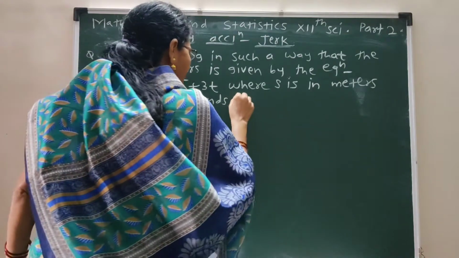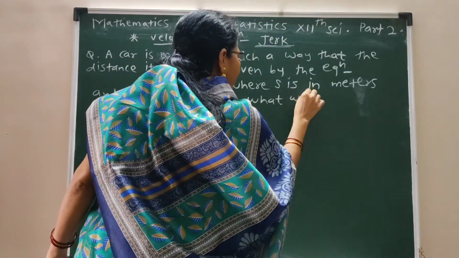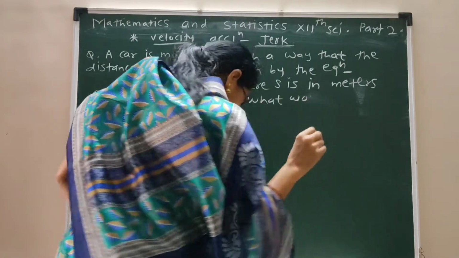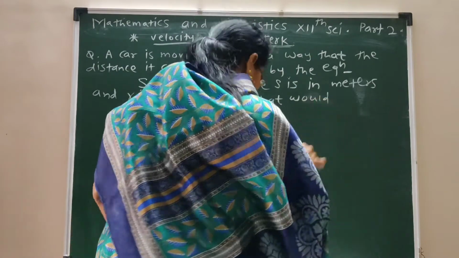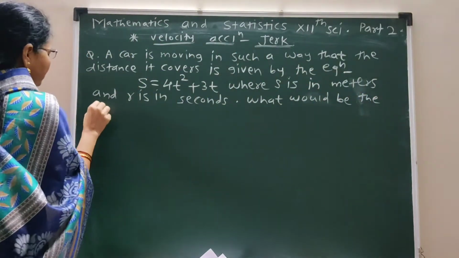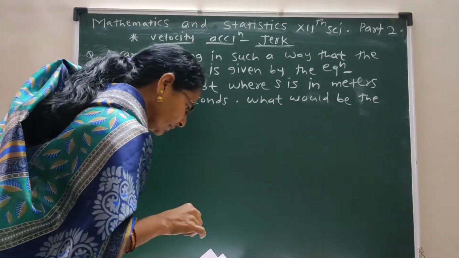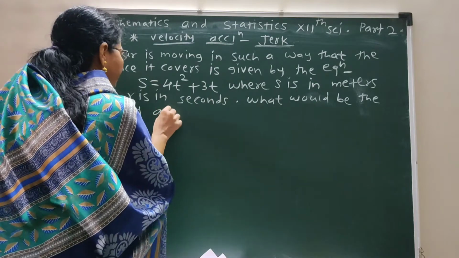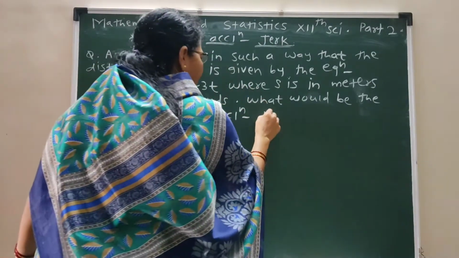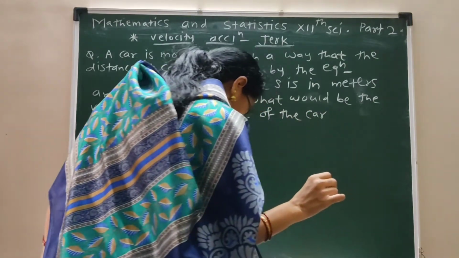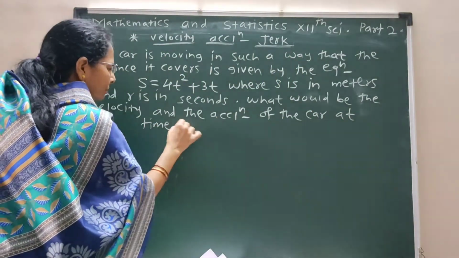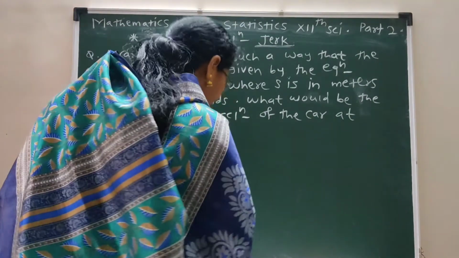What would be the velocity and the acceleration of the car at time t equal to 20 seconds?